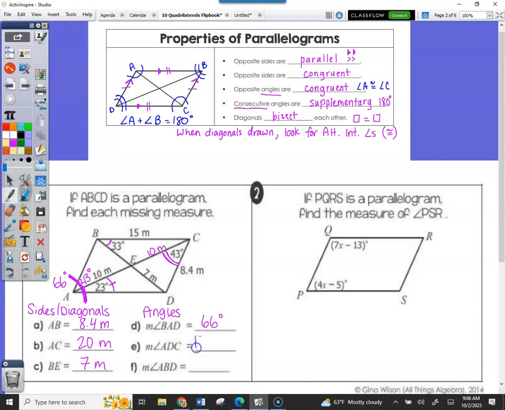And if you need to make a note, we'll say 114, and then you could make a note, 180 minus 66 is how we got it. And then I'm going to come over here and draw two exaggerated arcs, two of them. And I'm going to make a note that it's 114 degrees.